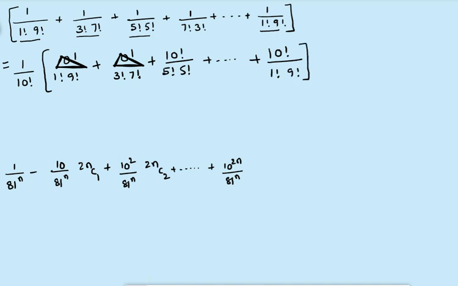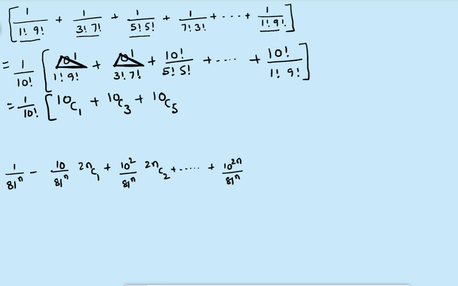Right? I hope everyone followed. So this is nothing but 10 factorial divided by 1 factorial into 9 factorial. Here it is 10 factorial divided by 3 factorial into 7 factorial plus and so on. Now we can write this one as 1 by 10 factorial into this, we can write as 10c1. The next one we can write as 10c3.